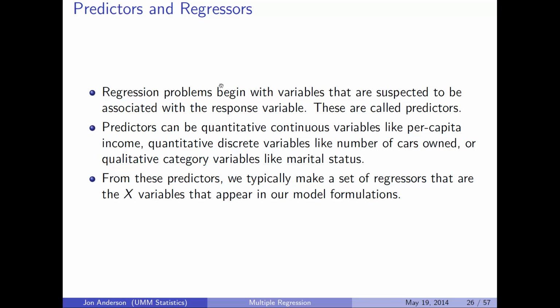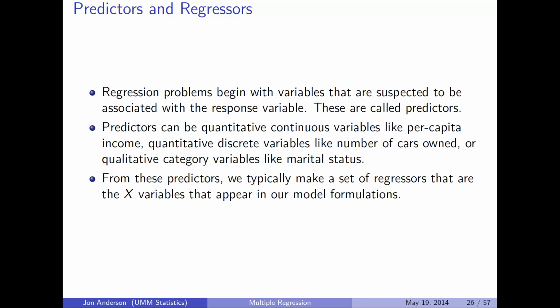Regression problems typically begin with information and variables that we think might be related to the response variable, and these things are called predictors. And so predictors can be continuous variables like income. They can be quantitative discrete variables like the number of cars you own or the number of accidents or marriages you've had.